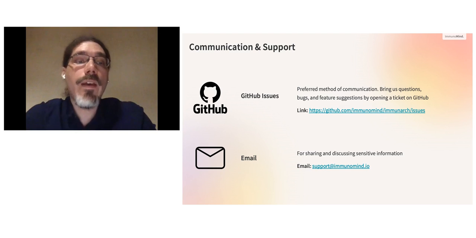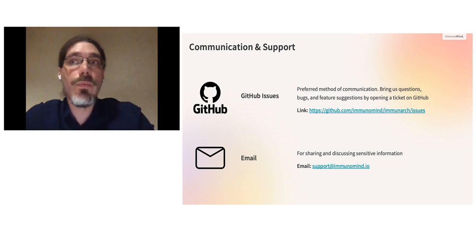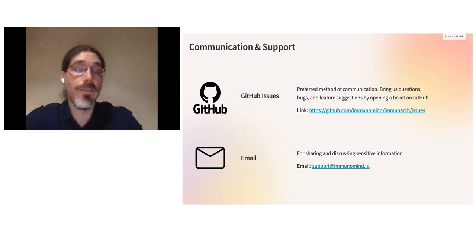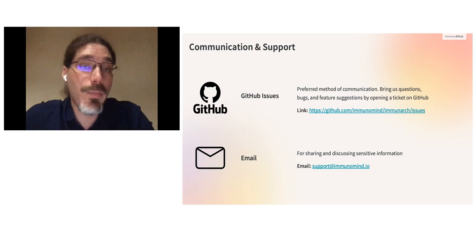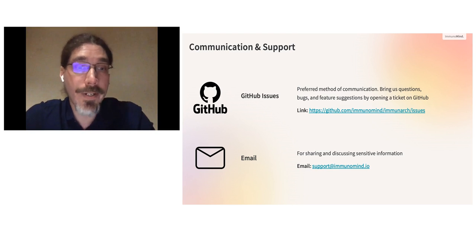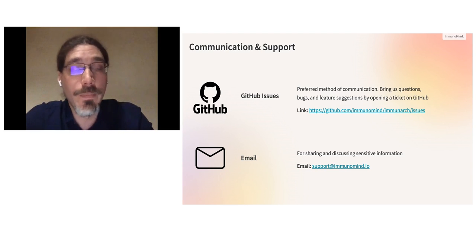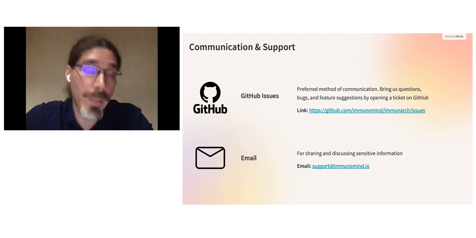But if you would like to share or discuss some sensitive information, we have an email support on ImmunoMind.io. We don't check it very regularly, I'll be honest with you, because we are sitting on GitHub issues, but we do check it.